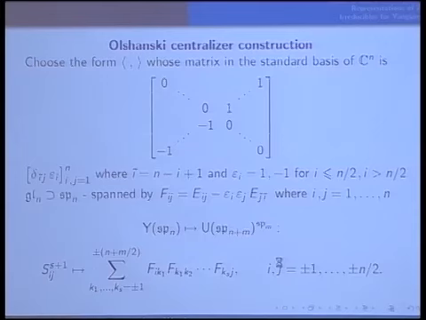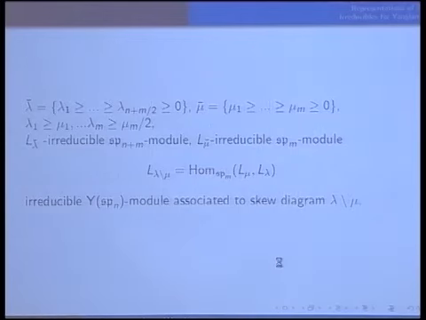They are not independent, but still we have the construction. It is written here. This map describes again the map from the twisted Yangian to the centralizer of one symplectic Lie algebra in another, and again it gives a family of irreducible representations of the twisted Yangian.